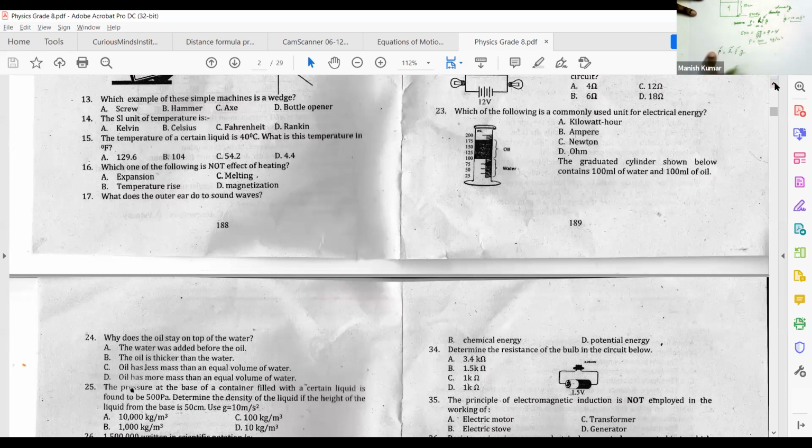And rho, that is what you want to find out, which you don't know. And G, you already know. So you can form an equation and find out rho. That's what I did. The only thing that you have to notice here is that you have to keep everything in SI units. So 50 centimeter is not in SI unit, so you will need to convert it into SI unit before plugging it in the formula.